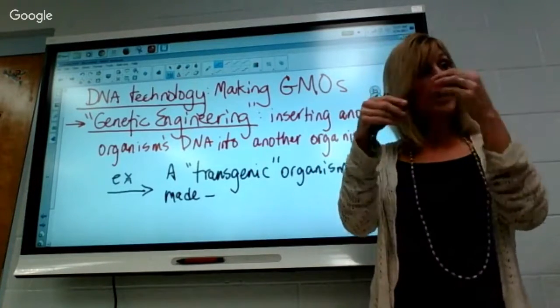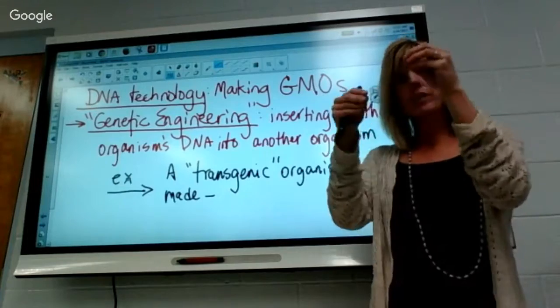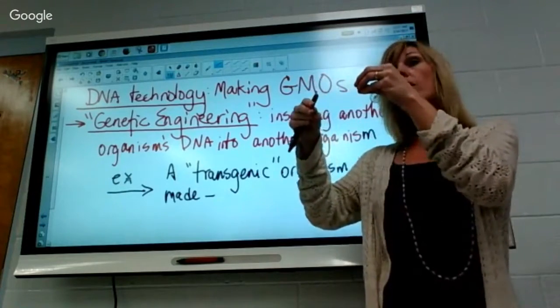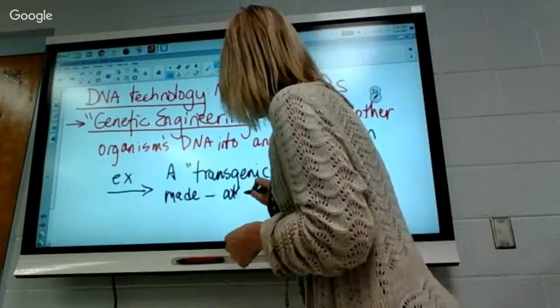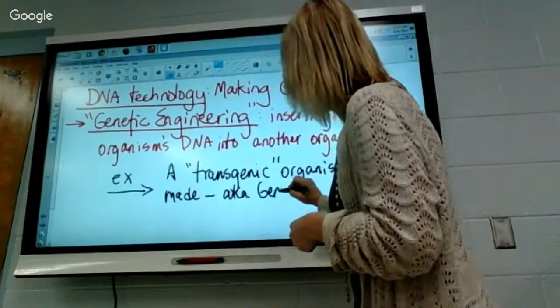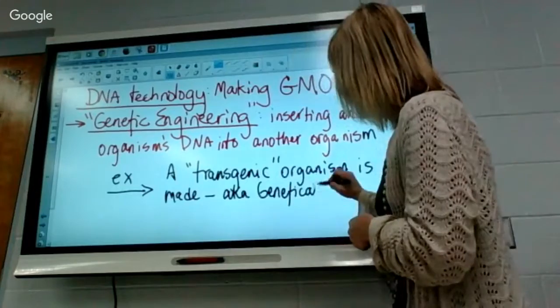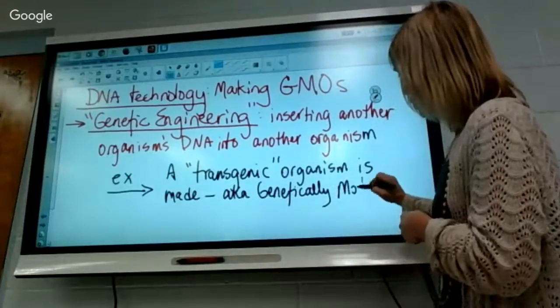They've messed around enough to where they've created different variations. So it's also called a genetically modified organism.